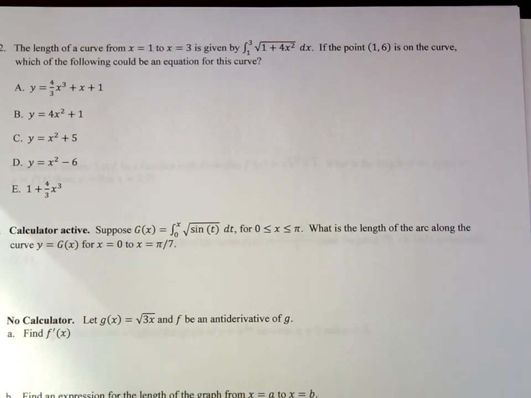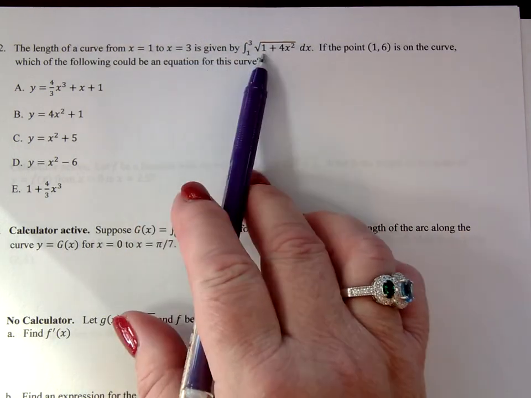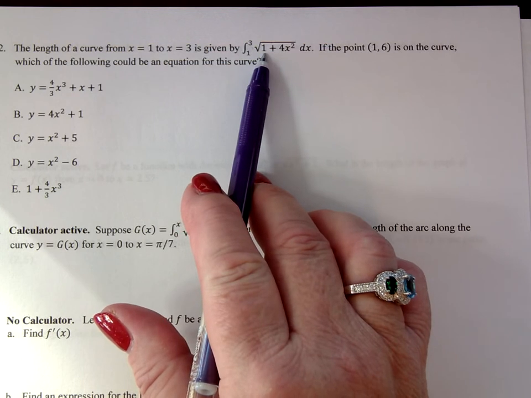It took a little doing to get there, and it makes sense once you think about it. The length of a curve from x equals 1 to x equals 3 is given by this, and if the point (1, 6) is on the curve, which of the following could be an equation for the curve? In other words, if this is what the arc length looks like, what's the equation of the curve?